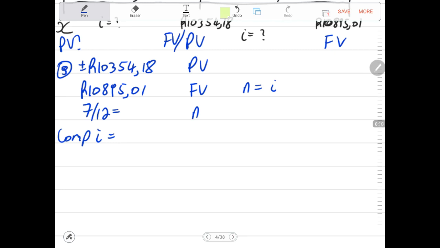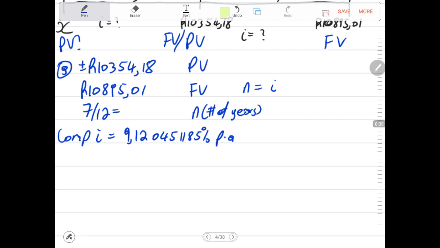Now our interest is per annum, which is 9.120451185% per annum. We don't have to multiply, we don't have to divide, because our N is in years, the number of years.